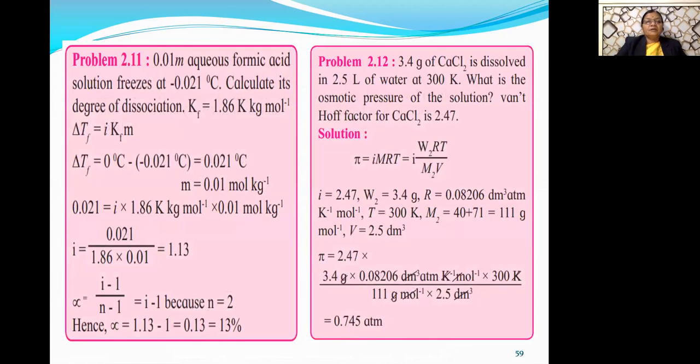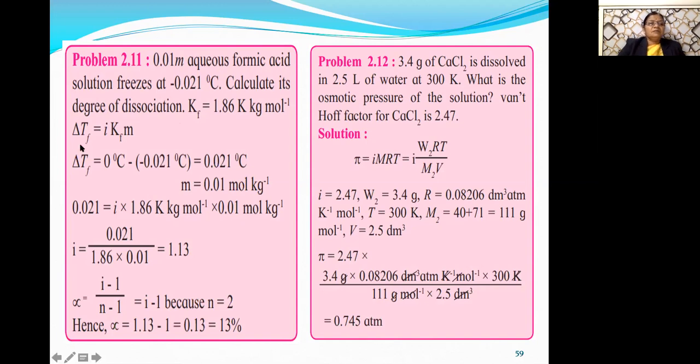Okay. Let us see two examples based on the modified formulae. Now, a 0.01 molal aqueous formic acid solution freezes at minus 0.021 degrees Celsius. Calculate its degree of dissociation if the cryoscopic constant Kf is equal to 1.86 Kelvin kilogram per mole.